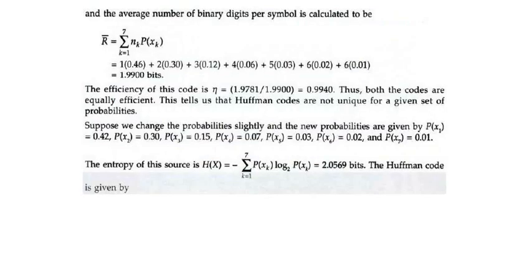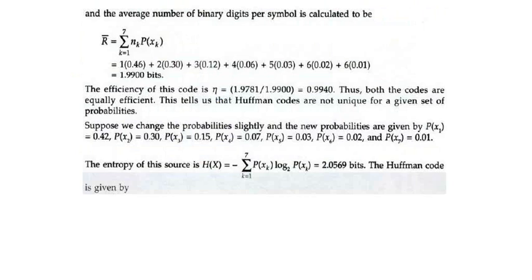After getting the probabilities and code word lengths, we can again calculate the average code word length and the entropy. Entropy is calculated as 2.0569 and the average code word length R bar is obtained as 1.9900.